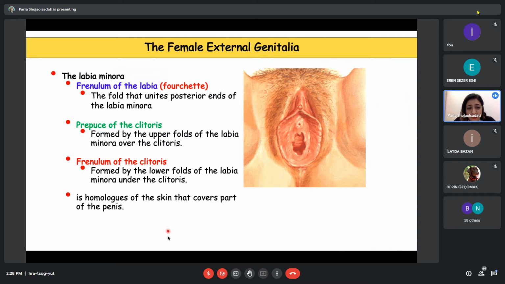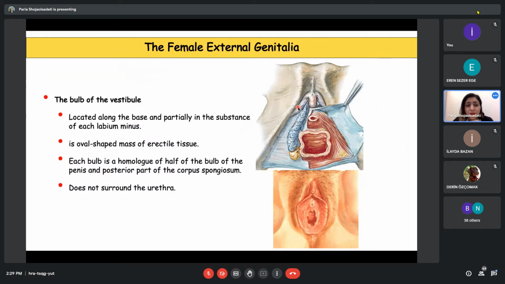The prepuce of the clitoris is homologous to the skin that covers the glans of the penis, but totally, the glans clitoris is homologous to the glans penis. The bulb of the vestibule is a special oval-shaped erectile tissue inside the labia majora on both sides.